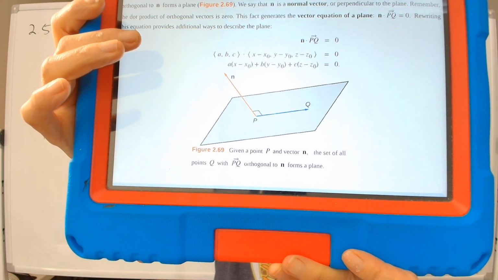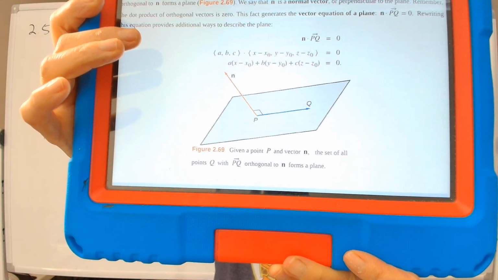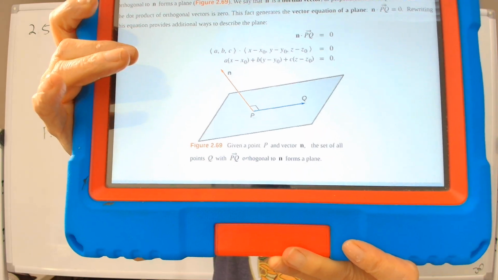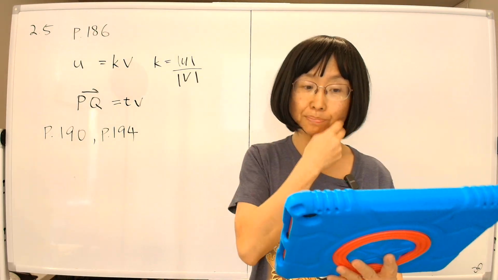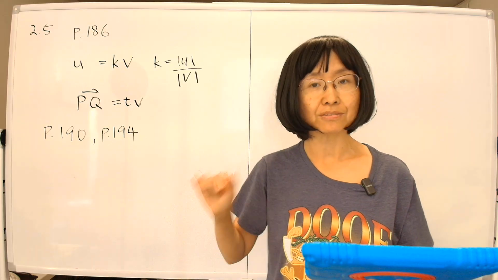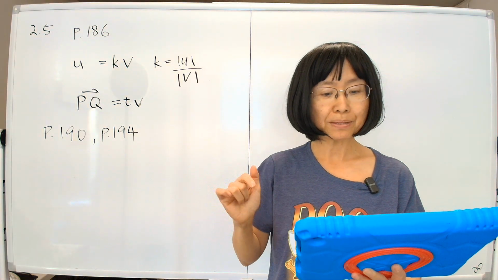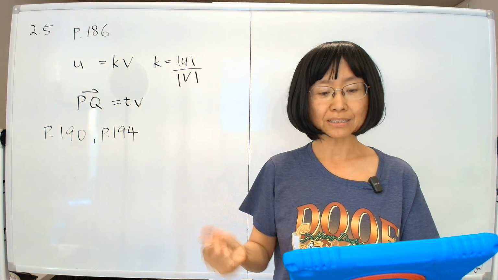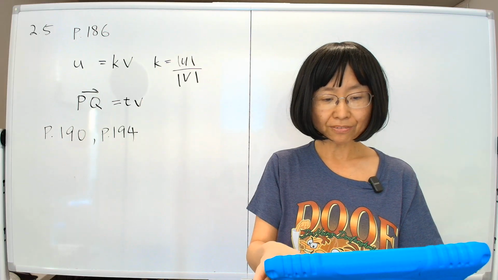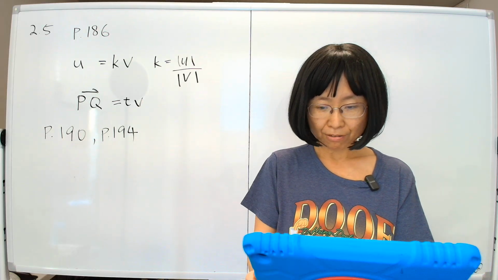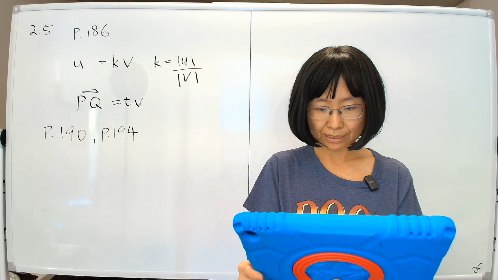Q is x, y, z. Therefore, when you do the dot product, you come up with this equation that is the equation of the plane in space, in all 3 dimensions, x, y, and z, where A, B, C, and x0, y0, z0 are all constants. And that gives us the definition on the page of what this is.